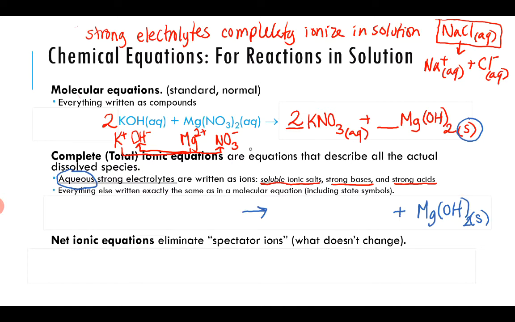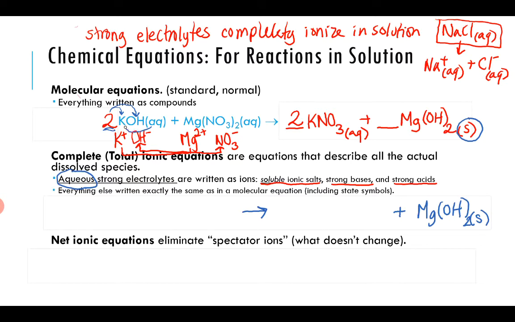Next, I'm going to look and see if any of these are ionic compounds, strong acids, or strong bases. Potassium hydroxide is an ionic compound, or you could think of it as a strong base. Either way, it's going to need to be written as ions. We have to remember that this 2 applies to both the potassium and the hydroxide, so it distributes out.